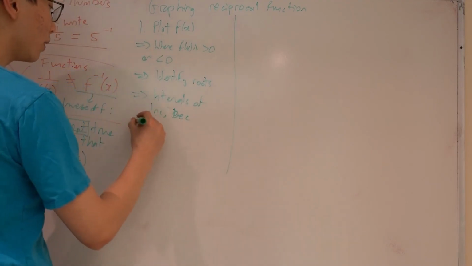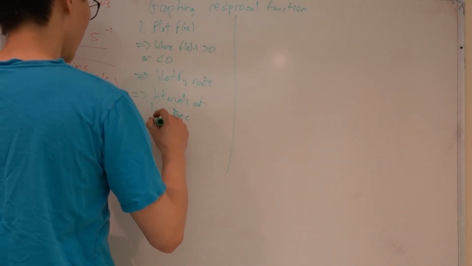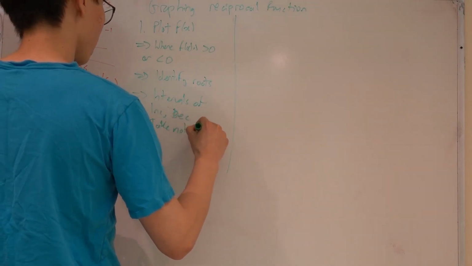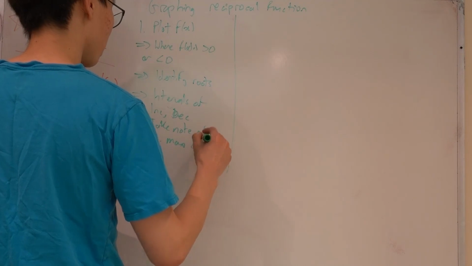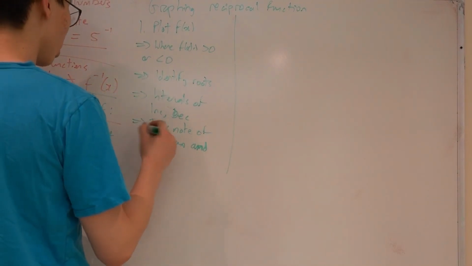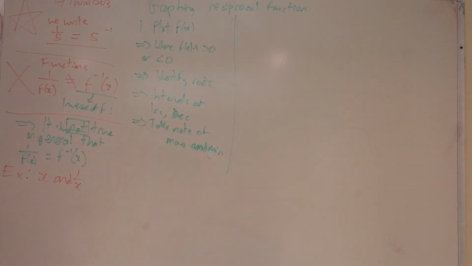So you need to make note of all of these things in the original function. And then you need to label or take note of local max and min. Actually, it doesn't matter whether they're local or absolute. Just make sure you take note of all the max and min. Okay. This is just a very comprehensive checklist. As you get better at this, you may find that you may not need all of this, and we're actually going to go through a more general procedure in the coming lectures that will help us graph more than just the reciprocal functions. This is just sort of like your first step towards that direction.